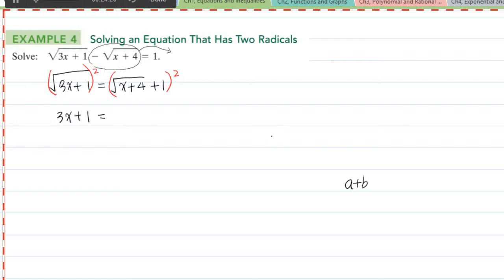That is the form (a plus b) squared equals a squared plus 2ab plus b squared. So we have to treat this part as your a and the 1 is your b. So let's write this right below it.